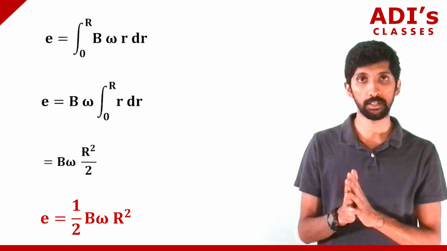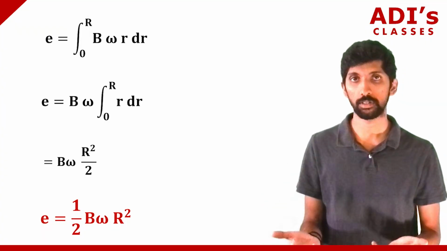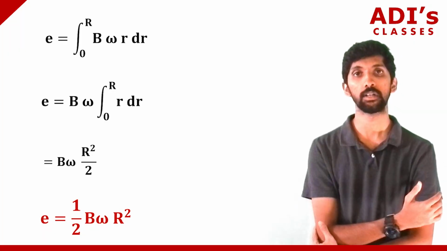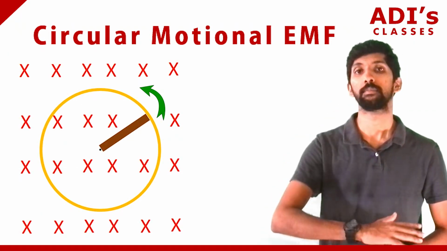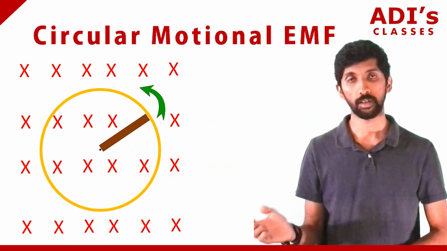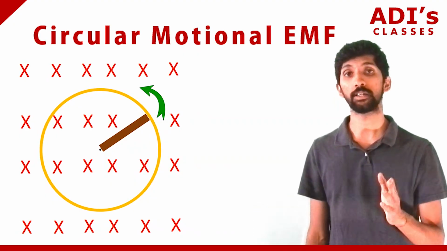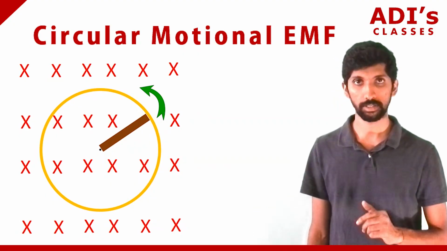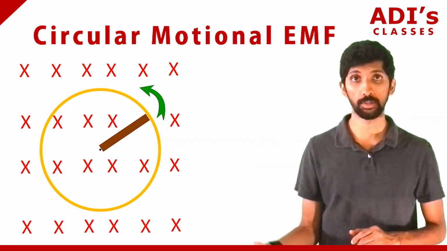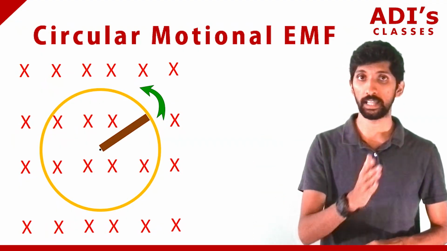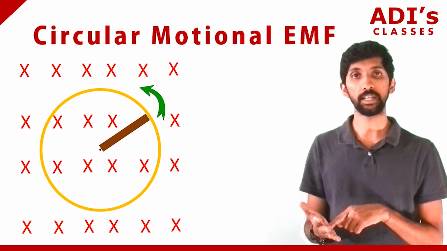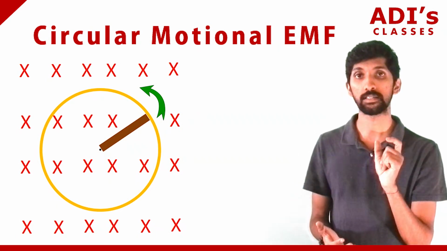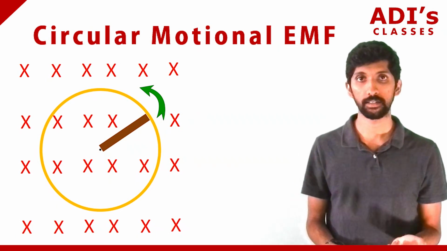I'll just repeat the whole derivation. You have the magnetic field, and a metallic conductor that rotates with the angular velocity omega. By the formula E is equal to BLV, we have dE is equal to BV into dr, because dr is the small radius we are taking.